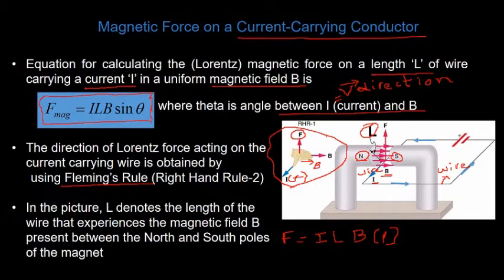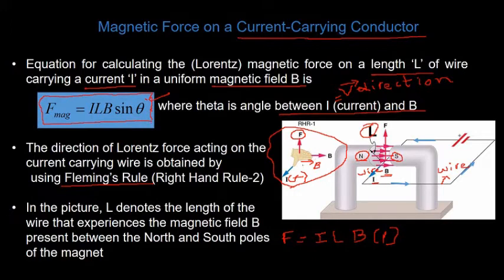Now for this, we are able to calculate the magnetic force using this formula. To find the direction of the Lorentz force, we use Fleming's rule. We extend our right palm and have the thumb point in the direction of current, which is the direction of positive charge flow, shown here.